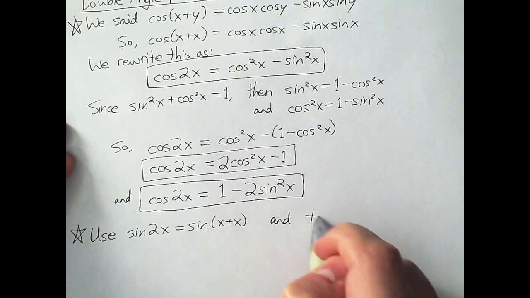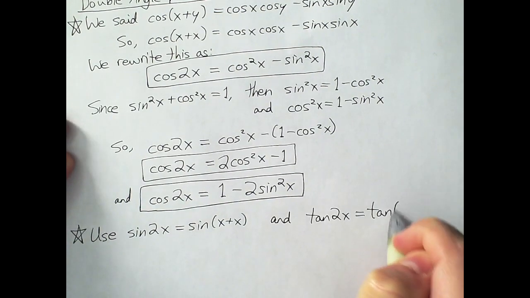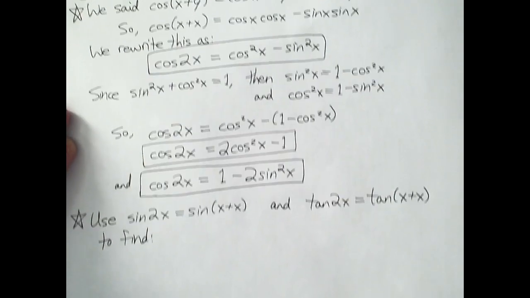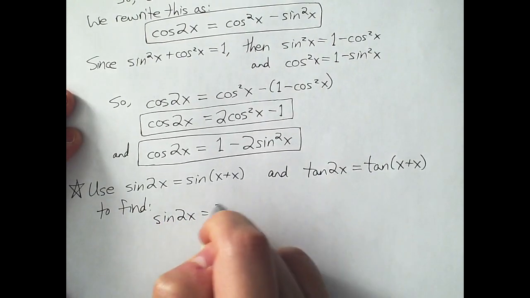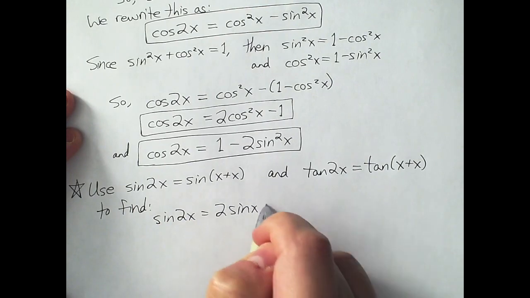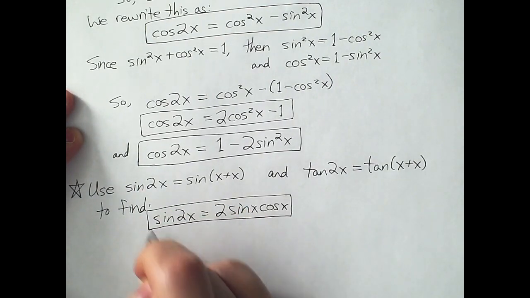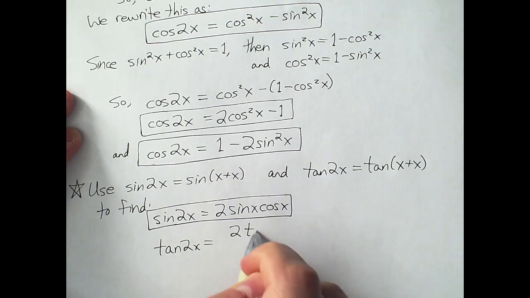And for tangent 2x, if you used the addition formula for tangent. That is how you would find that sine 2x equals 2 sine x cosine x. And that's how you'd find that tangent 2x equals this.